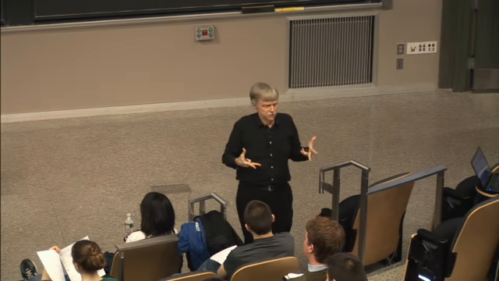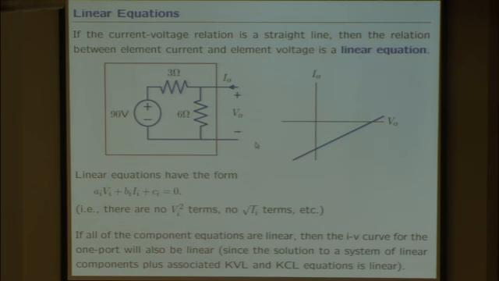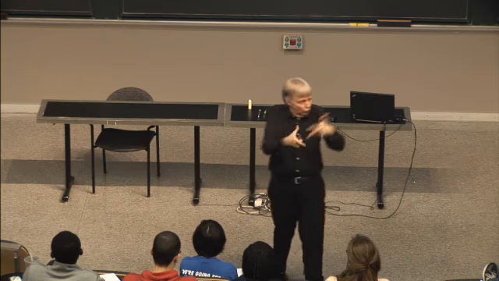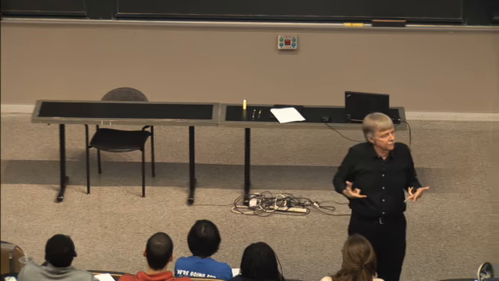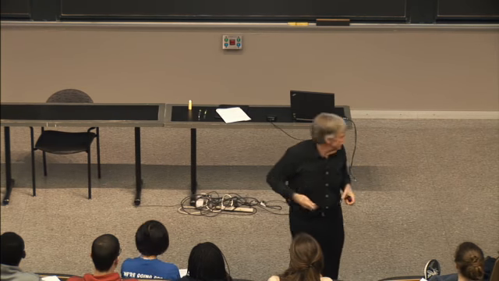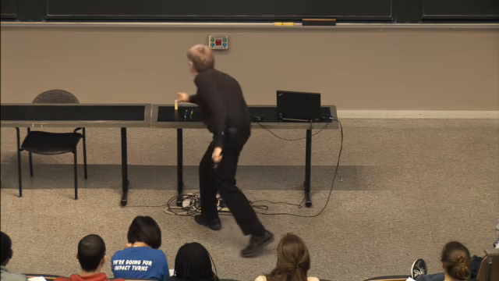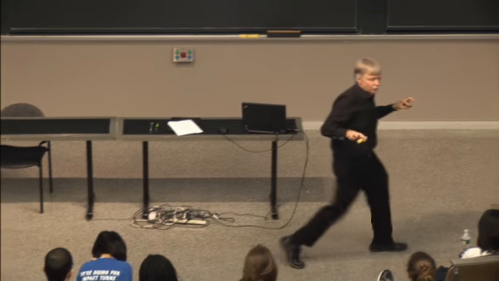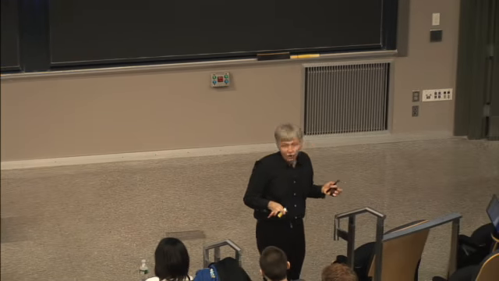They're linear equations. And the idea, when we're solving for the IV relationship for this new one-port thing, is that all we're doing is solving a system of linear equations. Sort of in the abstract, we write down all the component equations inside the box. We write down all the relevant KVL and KCL, and then we solve. Each one of those equations is going to be linear.